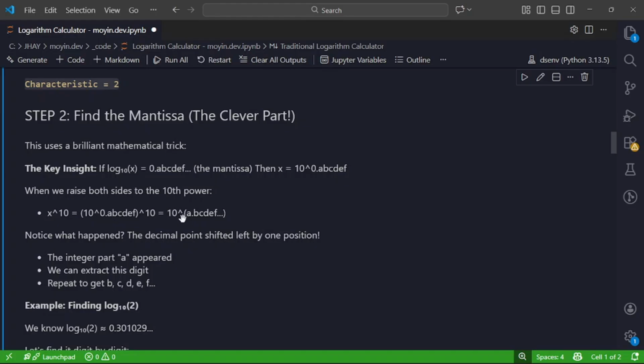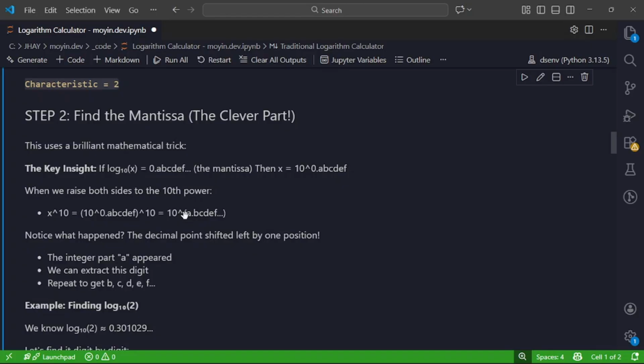Now, what do we say about the characteristic? We mentioned that the characteristic is the number of times a number can be divided by 10. So a here has now become the number of times a certain number was divided by 10.